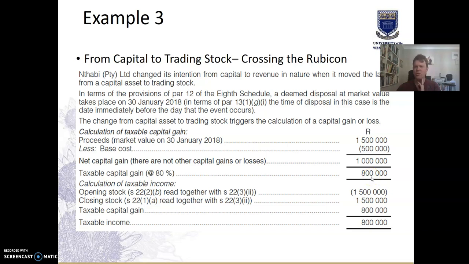The same rules as always apply. It hasn't been sold at year end, so it has to go into closing stock and get added back. Don't forget your taxable gains from above, and there's your taxable income. If this had been sold in the year, you wouldn't have closing stock, and you would have some line called gross income sales for whatever you sold it for. I hope that makes some sense.